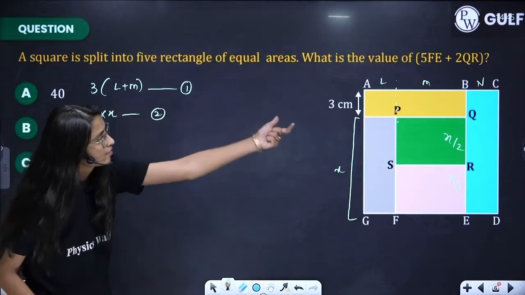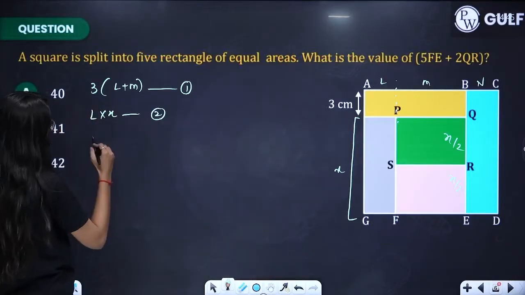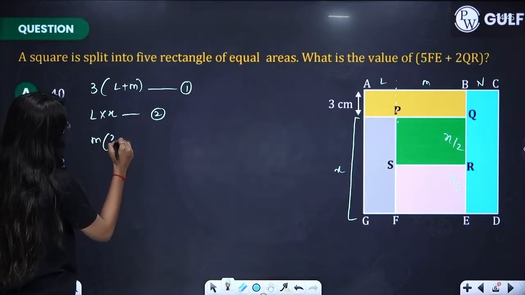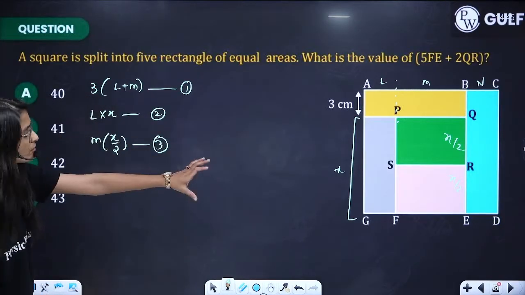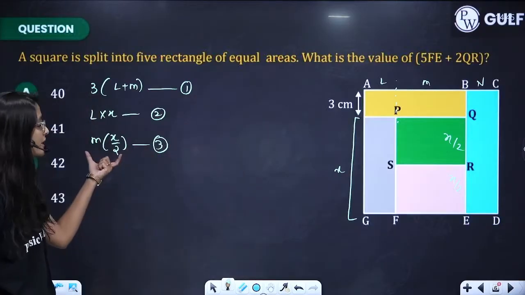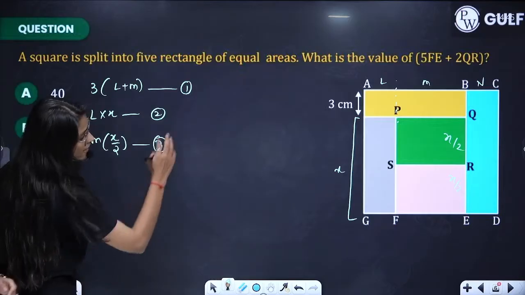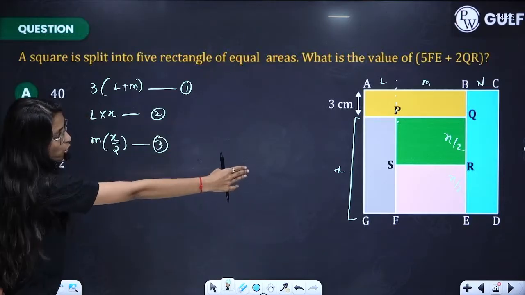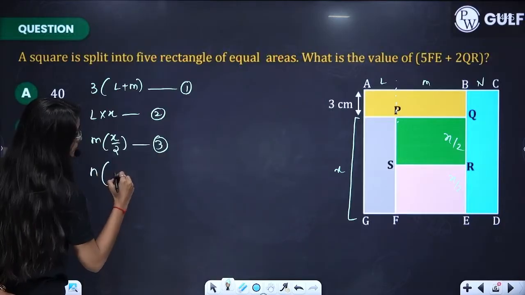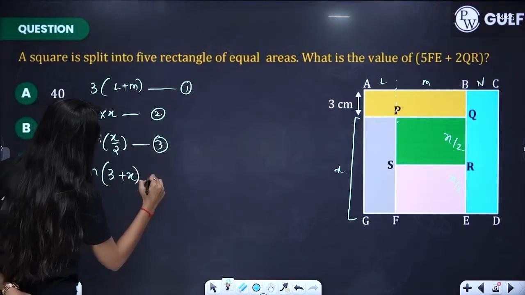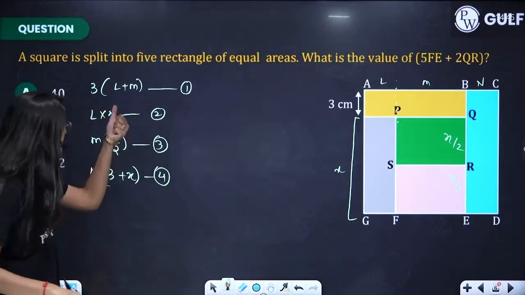So it is M into X by 2 for the middle one and the bottom one. Both the rectangles are the same, so I'm writing one equation. And for the last rectangle, it would be N multiplied by the whole side, so it's 3 plus X. It's our fourth equation.